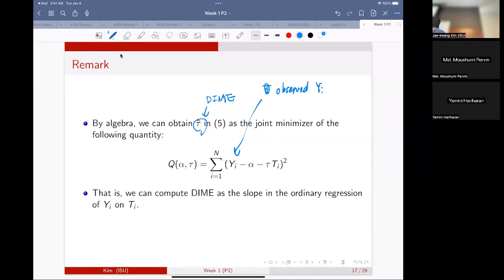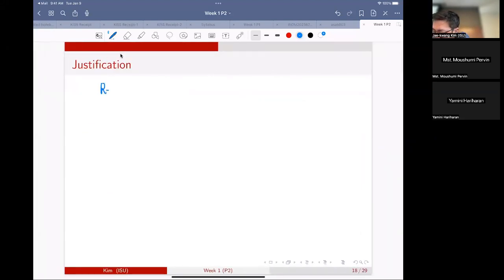Well, let me show how to show that. Basically, a regression of yi on 1 and ti is equivalent to a regression of yi on 1 minus ti and ti, right?